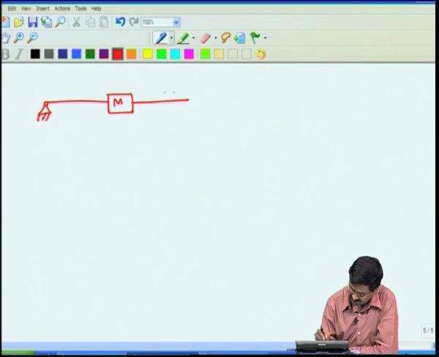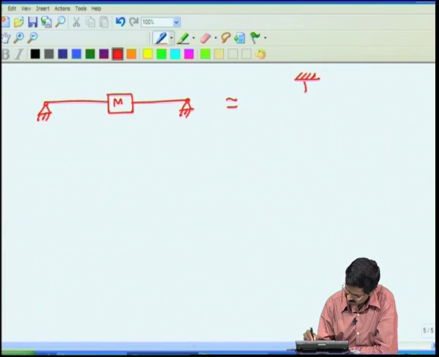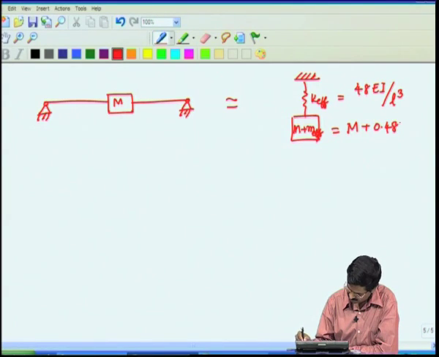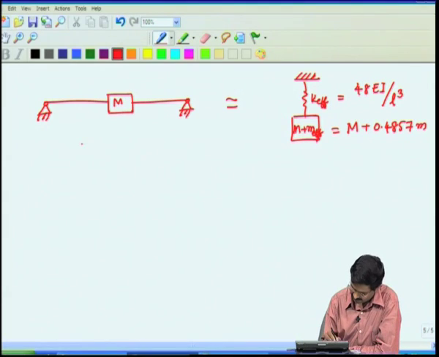If it is pinned here and pinned here, then this becomes equal to a spring with K effective and two things here, M plus M effective. This is K effective, which we have already gotten as 48 EI by L cube, and this now we get as M plus 0.4857 M, where M is the mass of the beam.